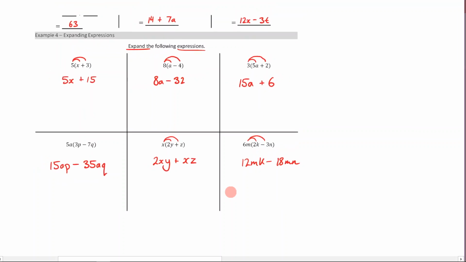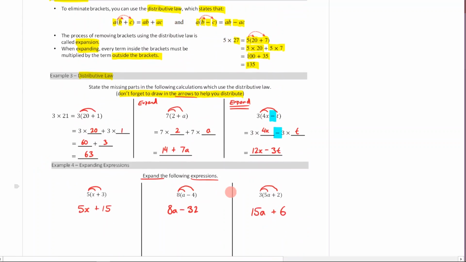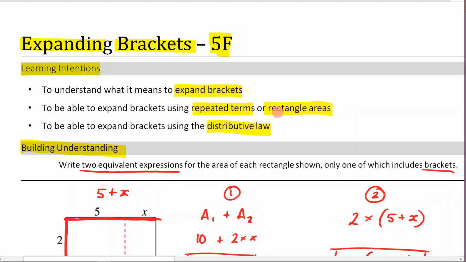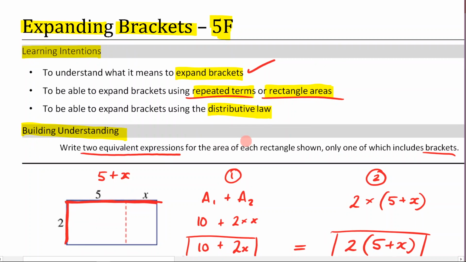That is expansion. So in this lesson, what have we done? If we come back to our learning intentions, we hopefully understand what it means to expand brackets. We are able to expand brackets using repeated terms and rectangle areas. So this right here was using our rectangles.